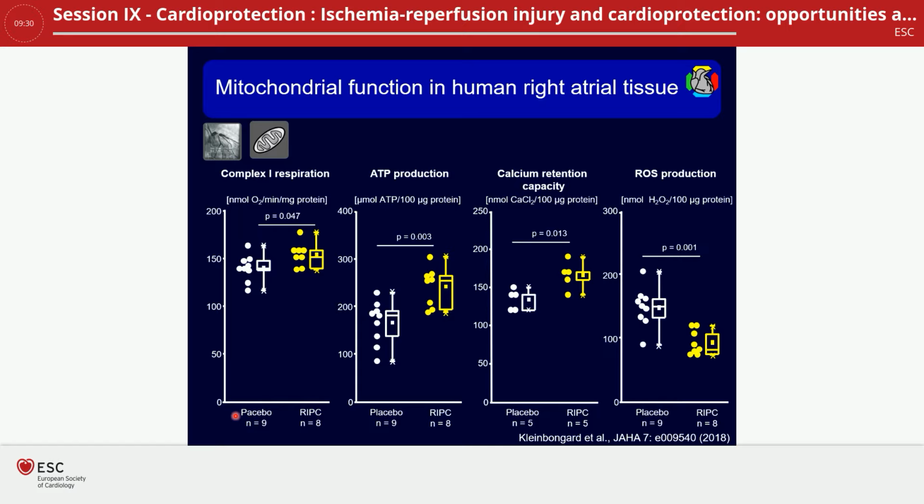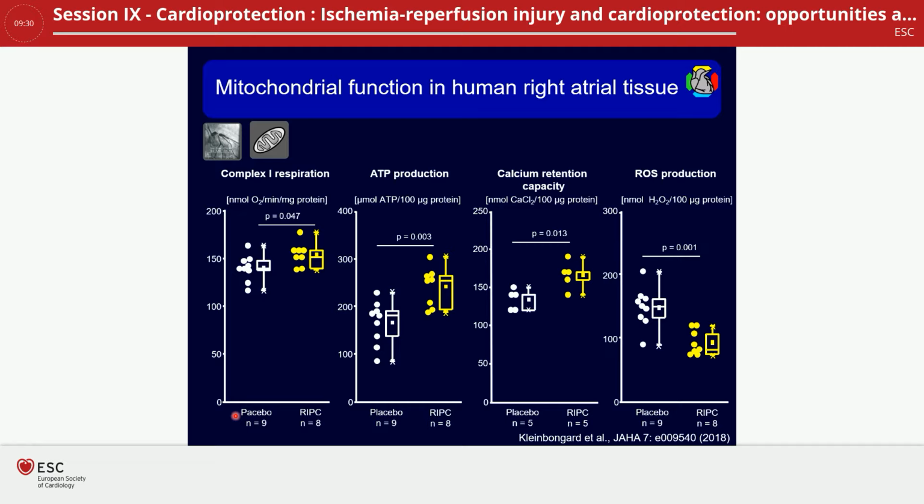However, we see a response in the myocardium because our surgical colleagues, when connecting the patient to the cardiopulmonary bypass, always could take a little piece of the right atrium for us in which we could do some functional studies. And we isolated mitochondria from the patient's right atria and compared again those from placebo and remotely conditioned patients.